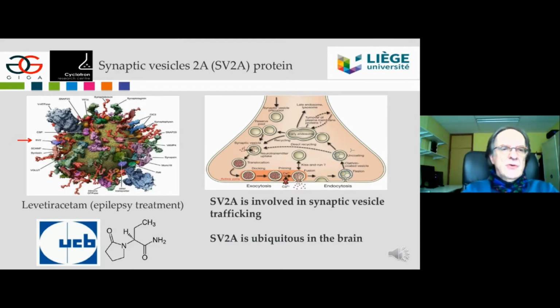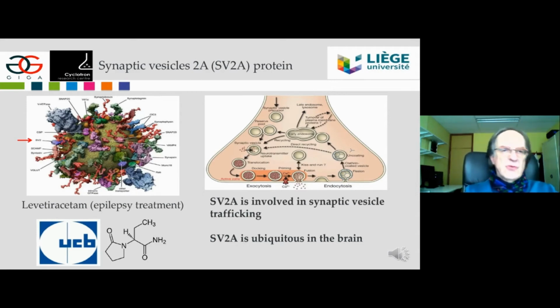On your left, you've got a synaptic vesicle with a lot of proteins, and SV2A is only one of those. But the interest is that this protein is very ubiquitous in the brain. If you remember from the previous presentation, we had a lot of neurotransmission systems, and we know that the cholinergic system goes preferentially to some regions of the brain.